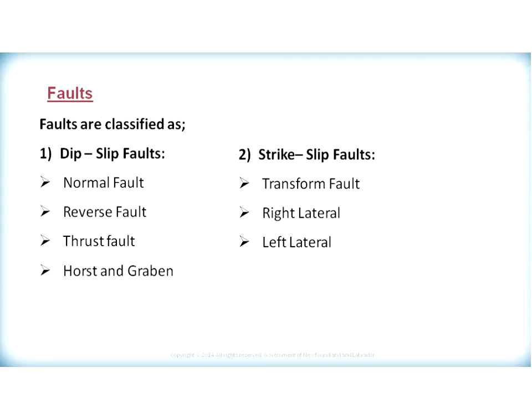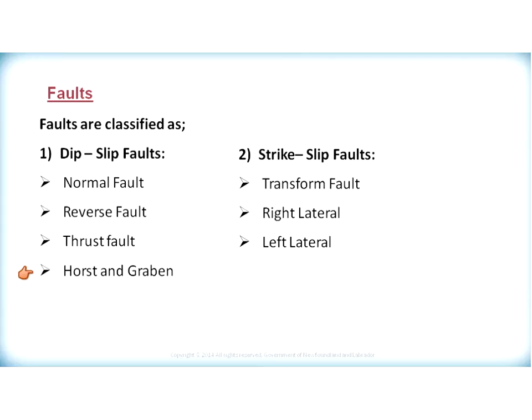There are generally two types of faults. When we look at faults, faults can be classified as number 1, dip-slip faults, or number 2, strike-slip faults. The 4 different types of dip-slip fault include a normal fault, a reverse fault, a thrust fault, and a horst and graben.